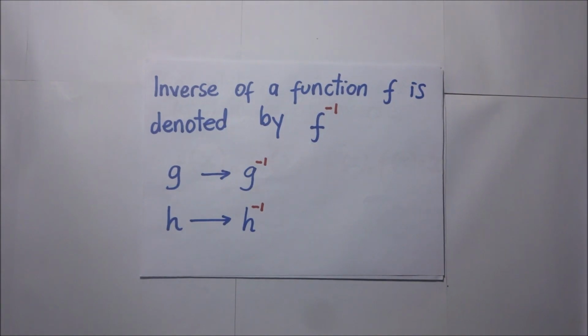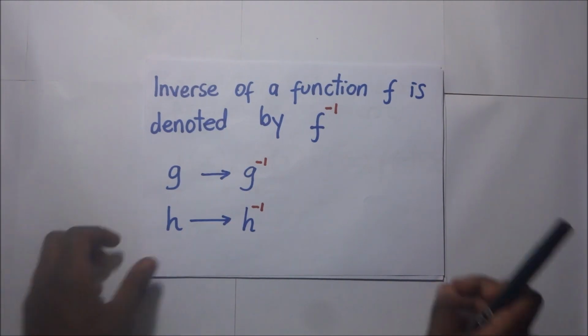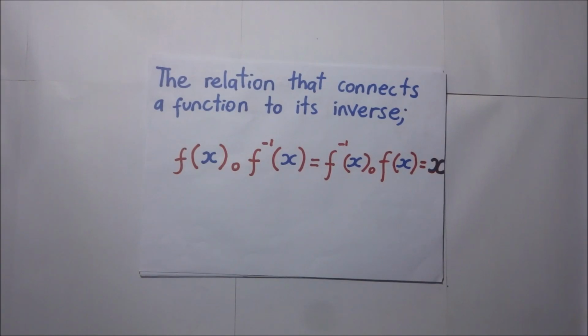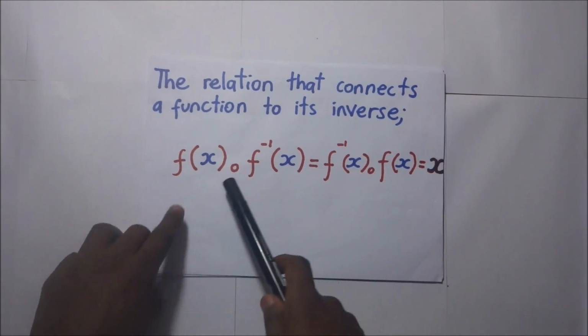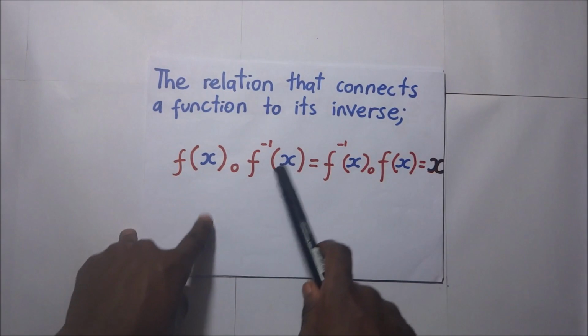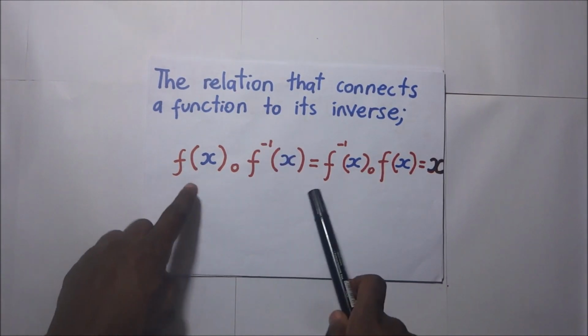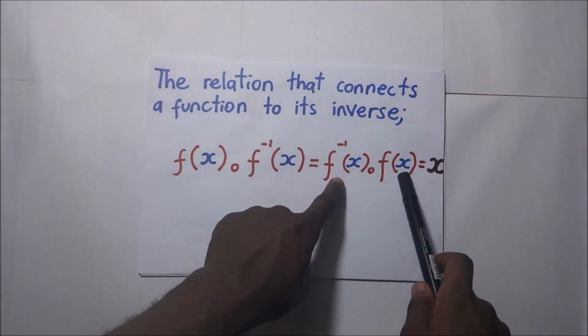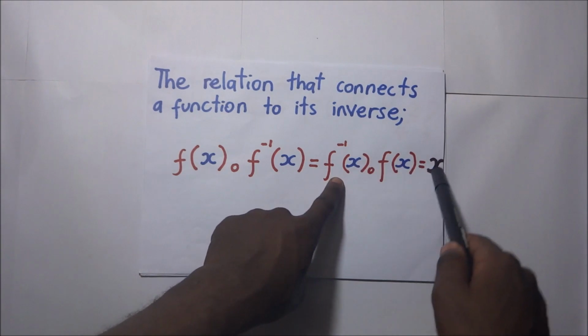Of course, for a function to have an inverse, it's supposed to be satisfying a certain relation. The property of this relation is such that if that very function is made a composite of its inverse, it is supposed to be equal to x.